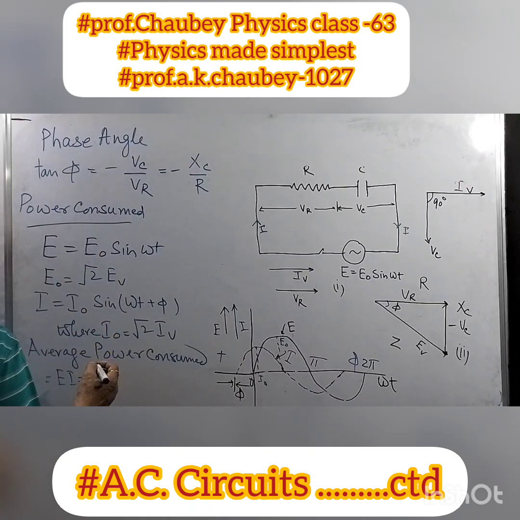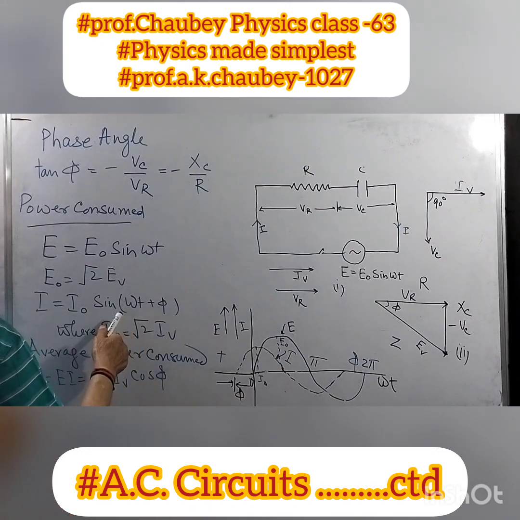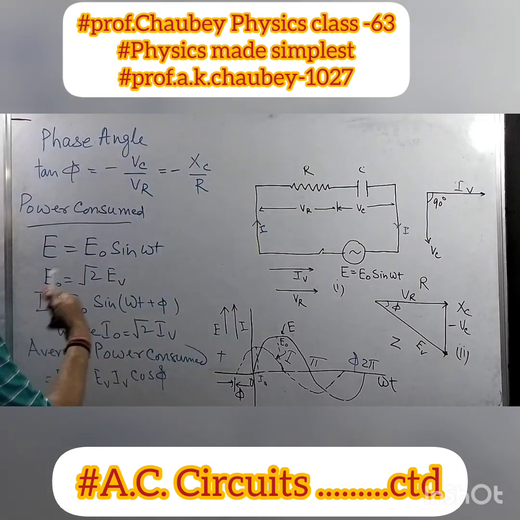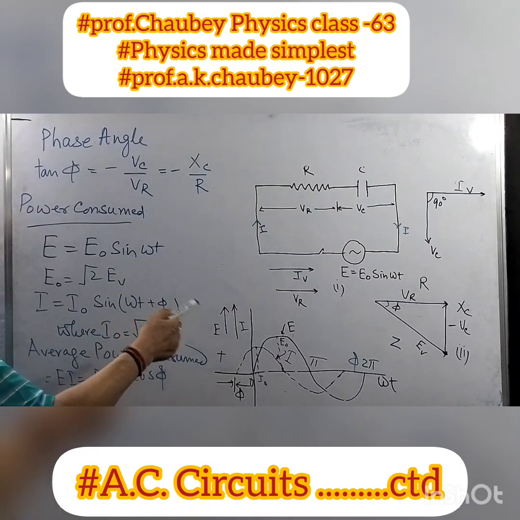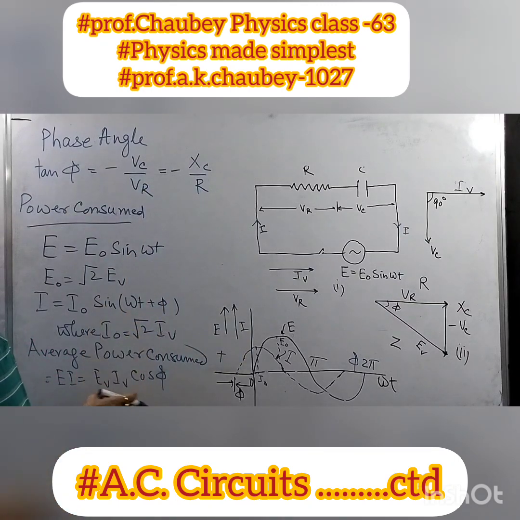And E_V, I_V cos phi. E_V, I_V cos phi. So here, average means you have integrated the sine, that factor will be 0, and we will have this. As we have earlier done with the inductance resistance case, same thing here. It will be E_V, I_V cos phi.